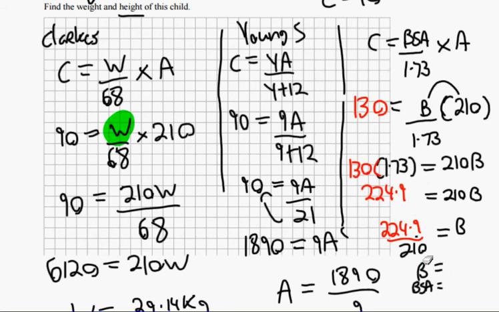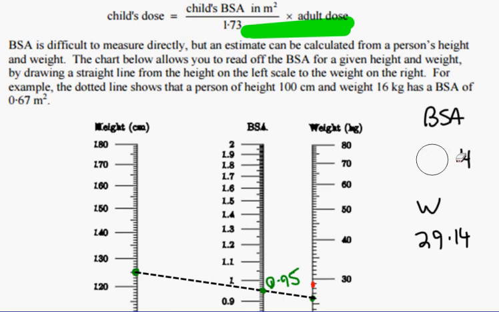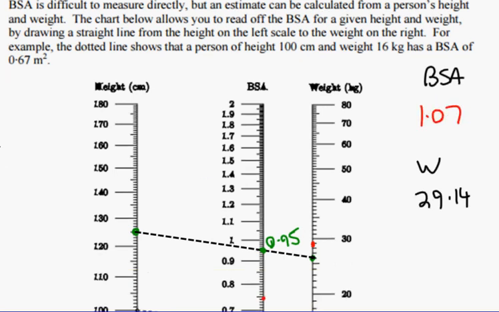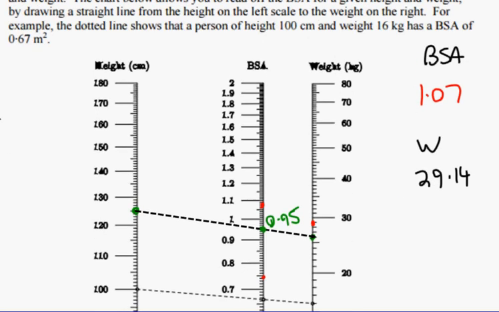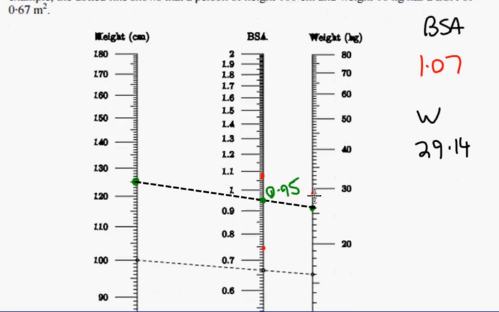My BSA value is now going to be 1.07. So what do I do next with the BSA value? Yeah, so the 1.07 is there, and then I link the two lines together, and then I find his height is going to be 145 centimeters.